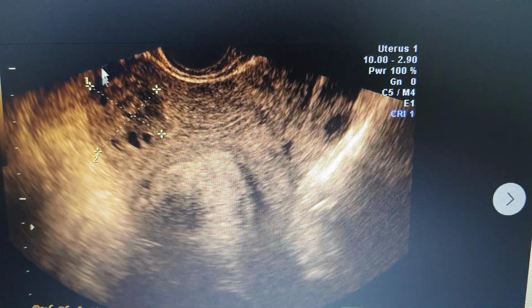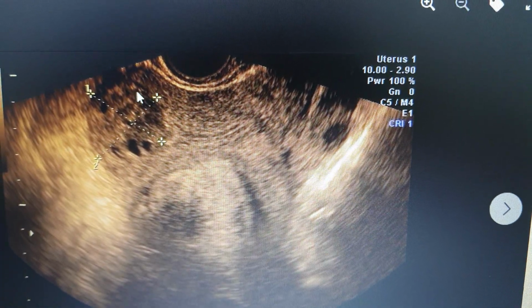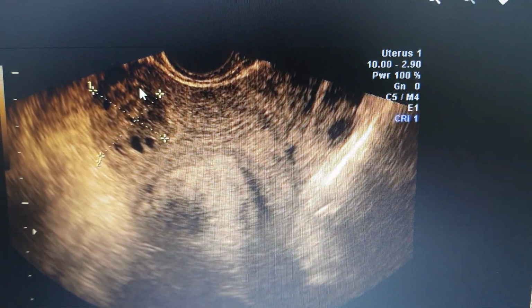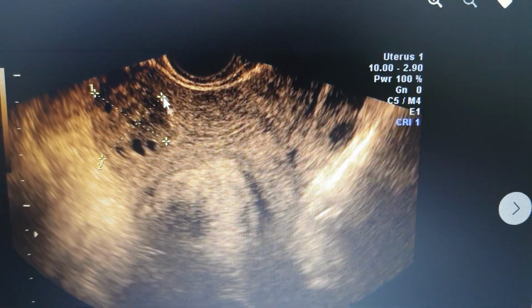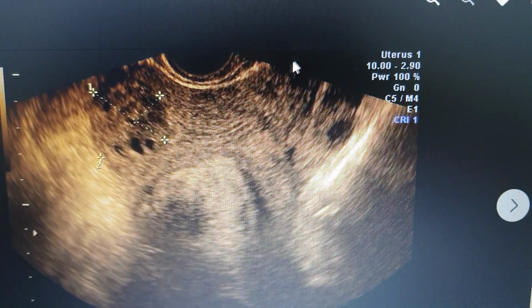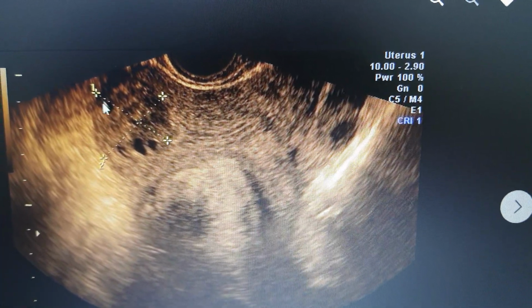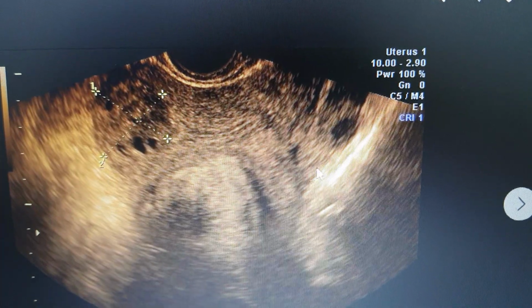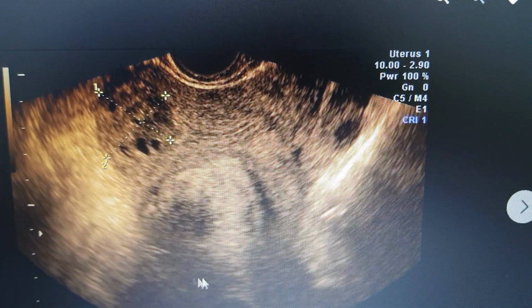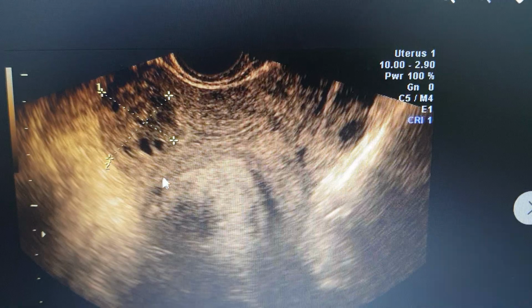Of course, this is not an ovary. So that's actually a very false impression that you think that this is an ovary. If you can see the uterus, these are the borders of the uterus. These are the outlines of the uterus, as you can see here. And of course, there is a mass here, and it's well circumscribed, as you can see.